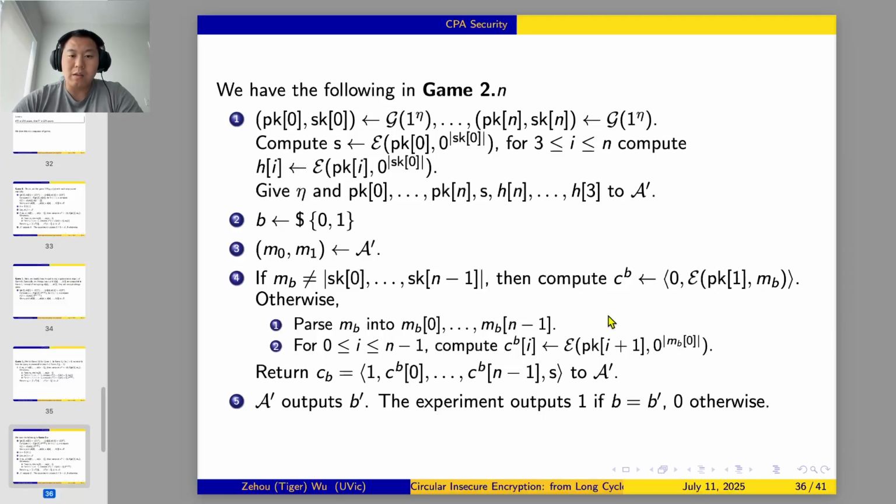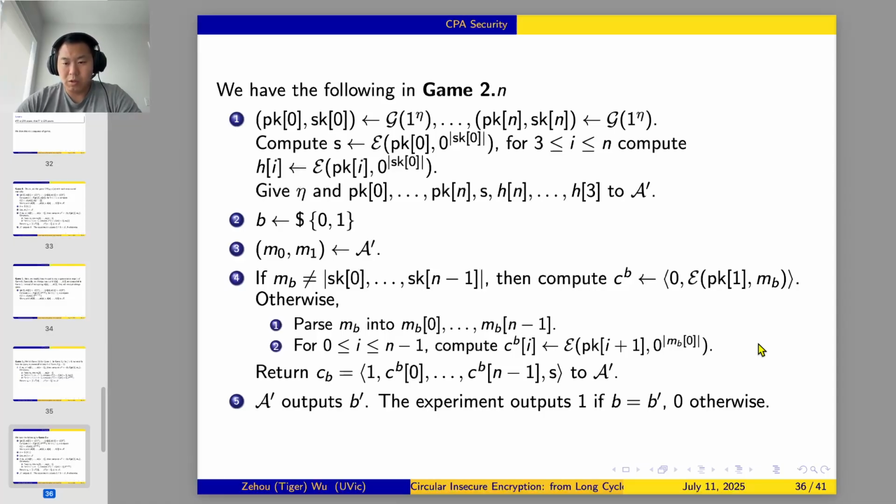So in game n, this is what we have. Remember that we've replaced S and H with encryptions of zeros. And now, after the adversary A prime sends in M0 and M1, if MB is not the length of the secret key, we just encrypt MB under PK1, and otherwise we just encrypt 0 and send this back to the adversary.